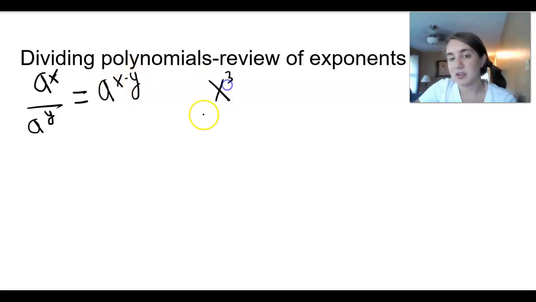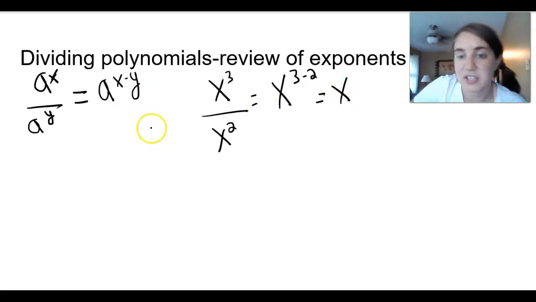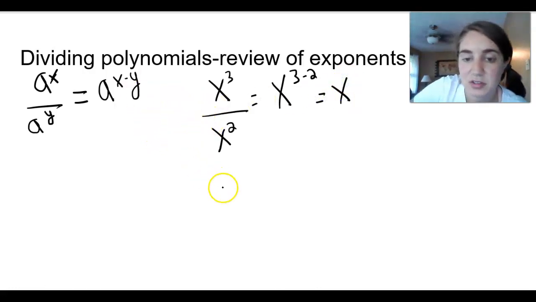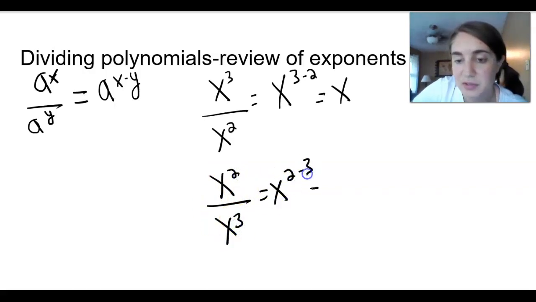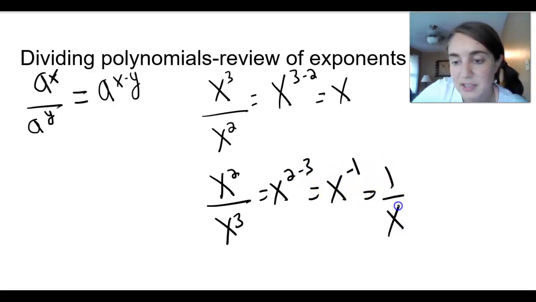So x to the third over x squared equals x to the 3 minus 2, or just x. If I had x squared over x to the third, that'd be x to the 2 minus 3, x to the negative 1, or just 1 over x.